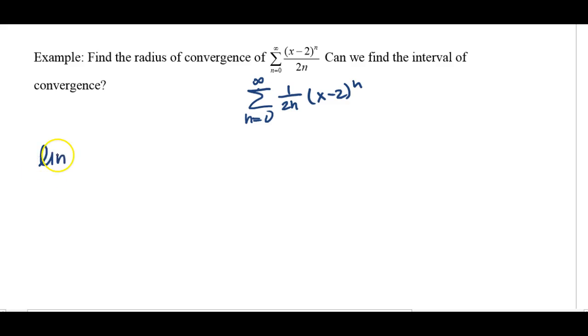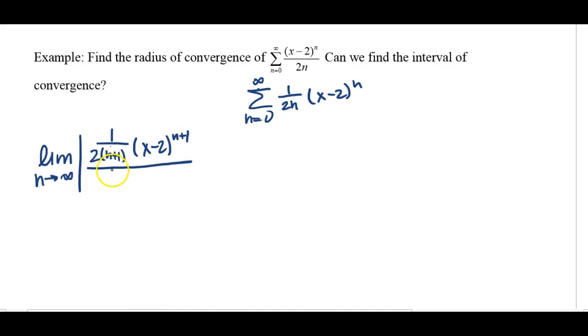What I need is the limit as n approaches infinity of the absolute value of a sub n plus 1, so 1 over 2 times (n plus 1) times (x minus 2)^(n+1), all over 1 over 2n times (x minus 2)^n.